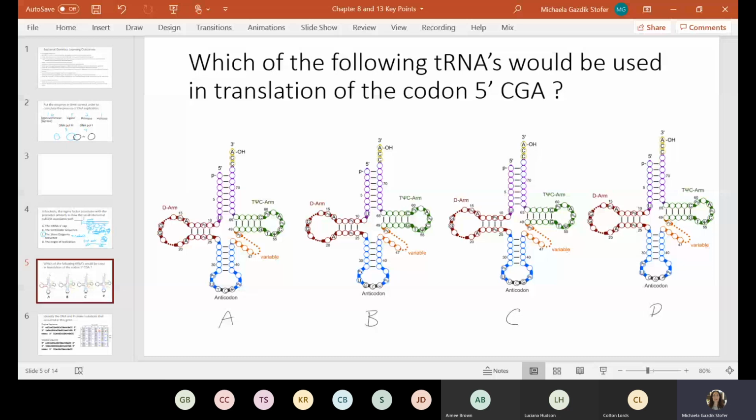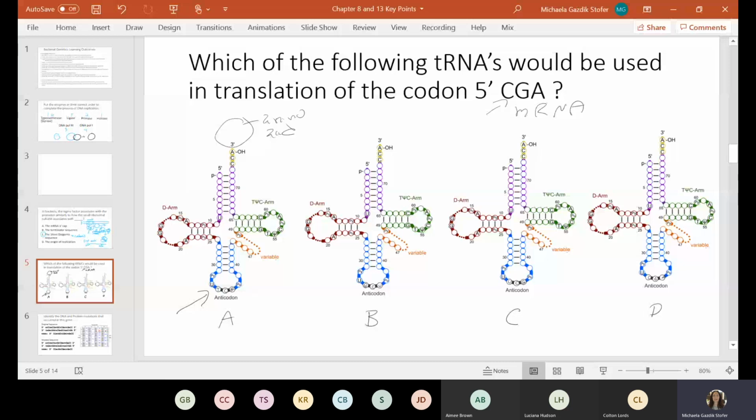And remember, they know which amino acid to use because their anticodon region, which is down here at the bottom of the tRNA molecule, is going to be used to read the messenger RNA itself. So we've got codons that are in the messenger RNA that are read by the anticodon of the tRNA. And that specific anticodon would be attached to a key amino acid, that would be on the 3' end.